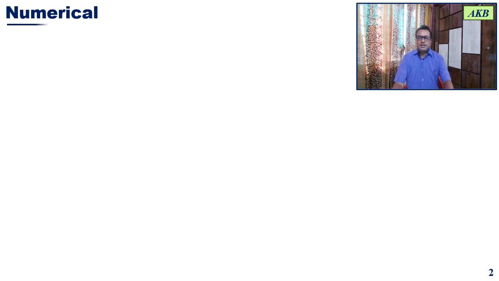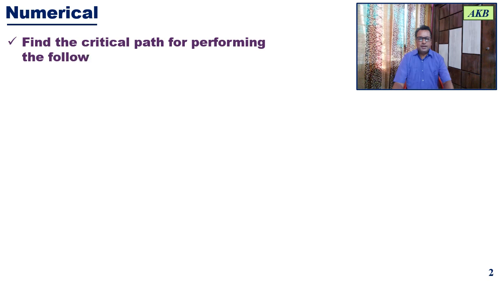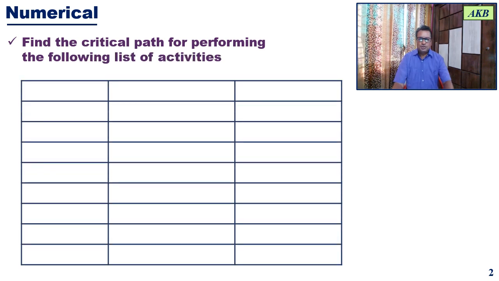So let us first understand what the numerical given to us is. We are supposed to find the critical path for performing the following list of activities. So we have various activities.